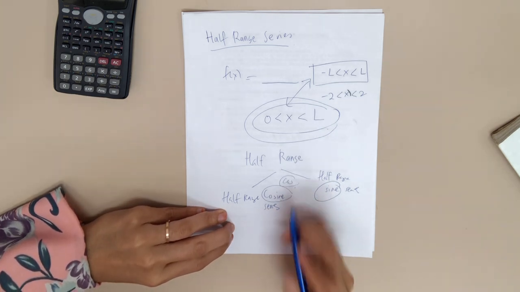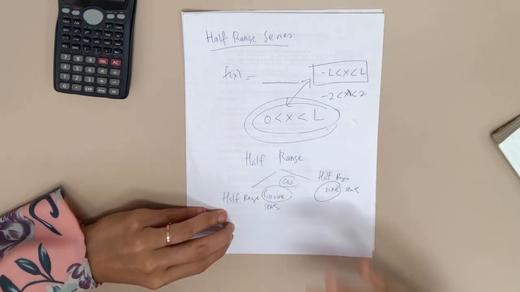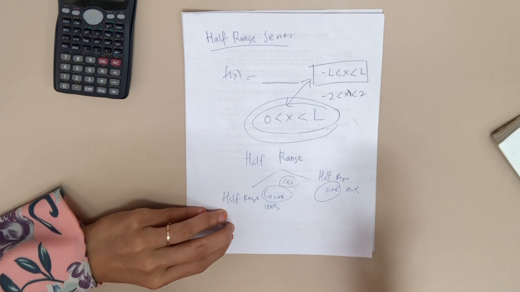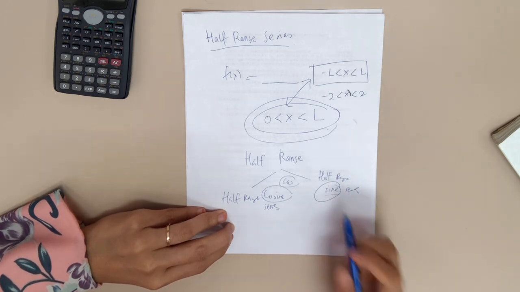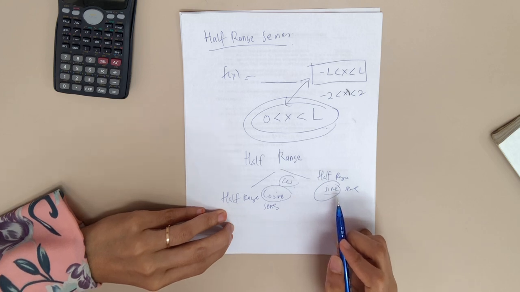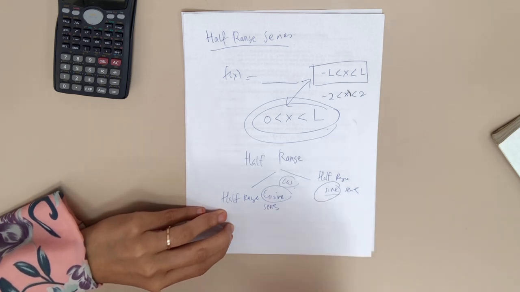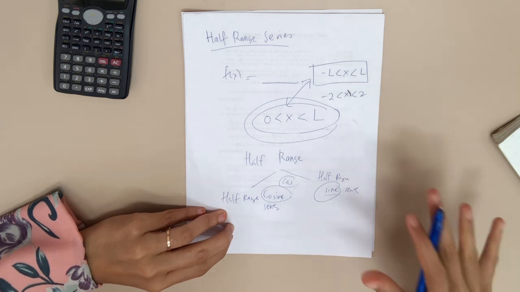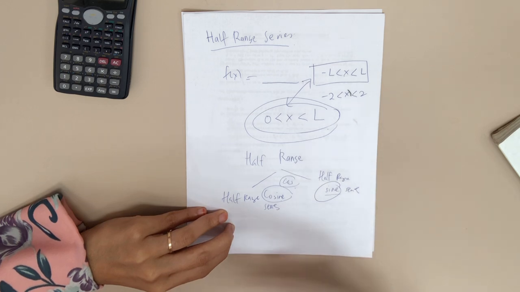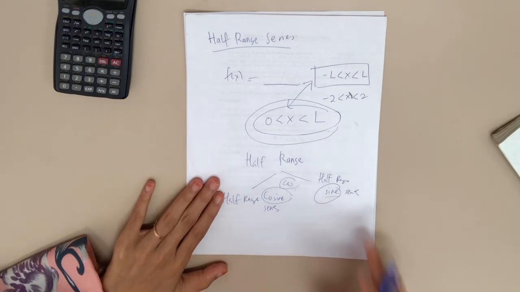We wouldn't write cosine in full in calculations, so cos is derived from cosine. And sine is sine. How we write it is sine. It's not important for you, it's just to give you the meaning of cosine and sine. So we have two: half range cosine and half range sine.